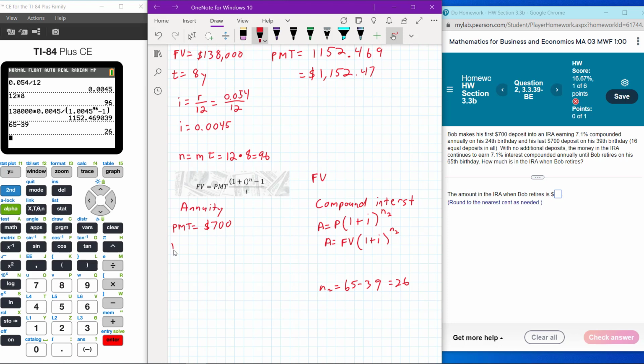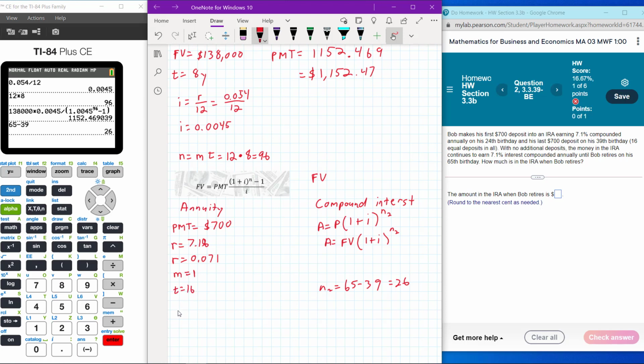The account earns 7.1% annual interest, and that is equal to 0.071. It is compounded annually, so that means that M is equal to 1. And the duration of the loan is 16 years, so T is equal to 16.